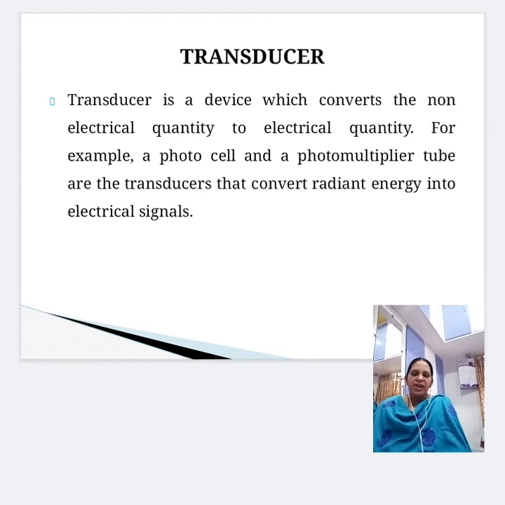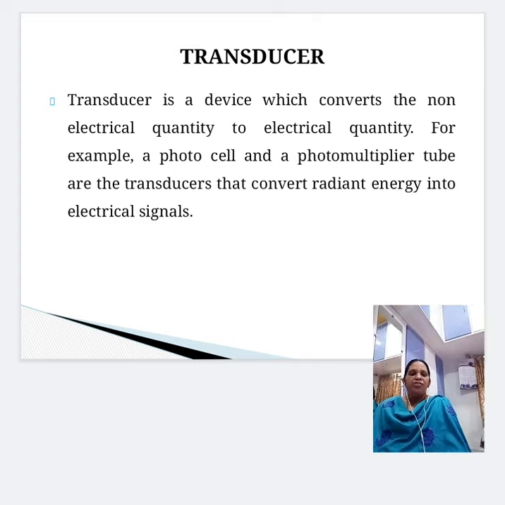The next stage is your transducer. The transducer, as commonly known for every instrumentation engineer, is a device which converts one form of energy into another form. It may be a non-electrical quantity which is converted into an electrical quantity. For example, a photocell or a photomultiplier takes light energy and converts it into electrical energy.